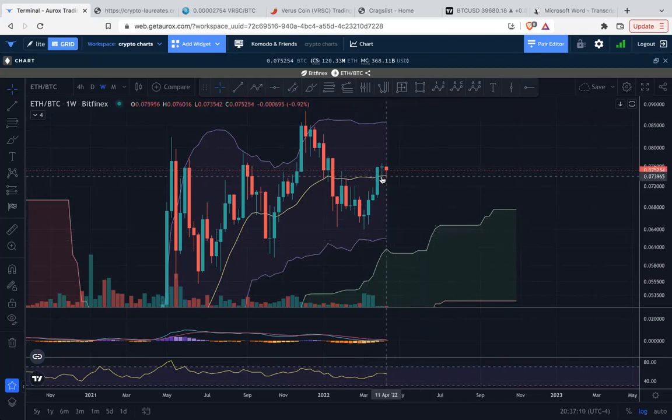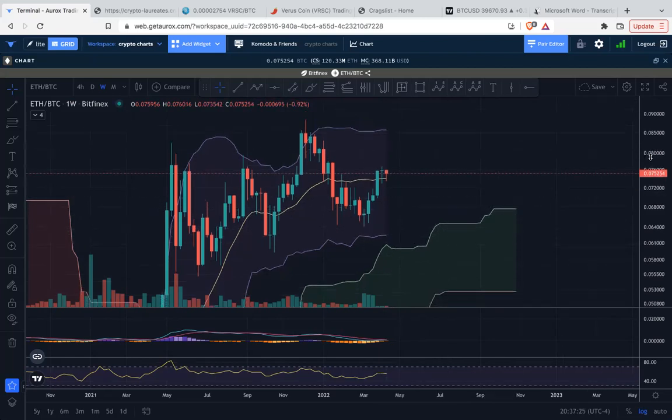But first we have this 20-week moving average that needs to break down. Once you start breaking down the 20-week moving average, I think your next best bet is down here at the lower zone of this Bollinger Band, and then we'll see how much lower it needs to go. I would like to try one thing.